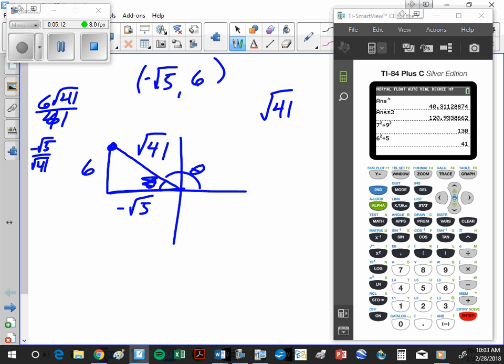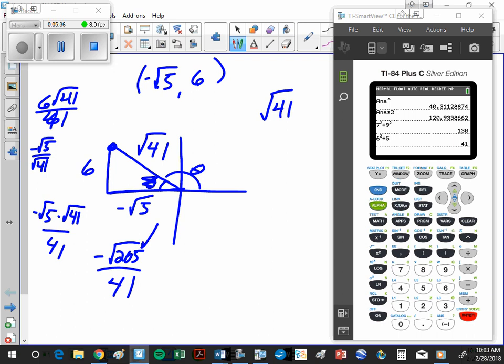How do I convert that? It would be negative root 5 times root 41 over 41. And then I would multiply the 41 and the 5 together. Right, that would be 205. So it would be negative square root of 205 over 41.